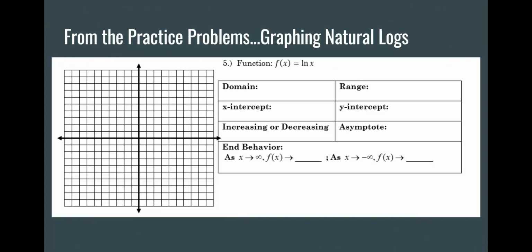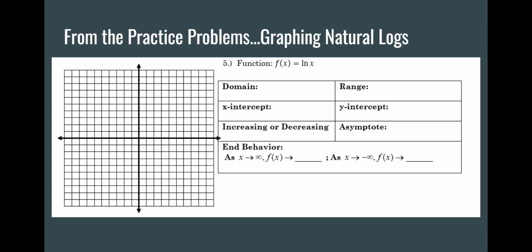All right, so on the practice problems, we talked to you guys about graphing natural logs. You're basically doing the exact same thing. I just want to kind of expose you to what the inverse of the natural log is. We kind of talked about this last week, but I think seeing the graphs really hammer it home. Okay, so we have number 5.